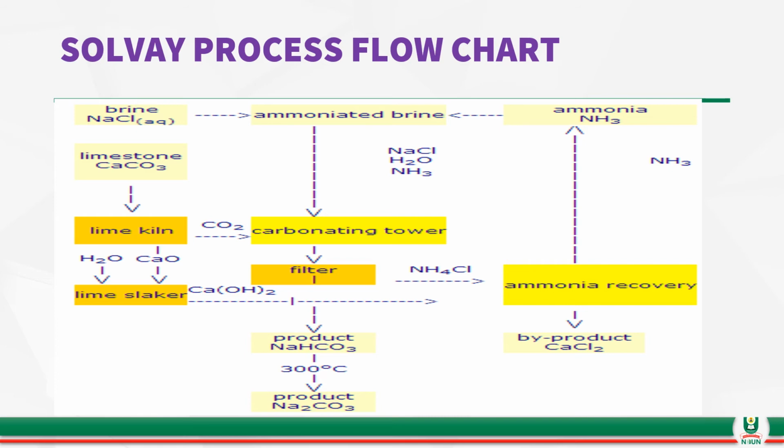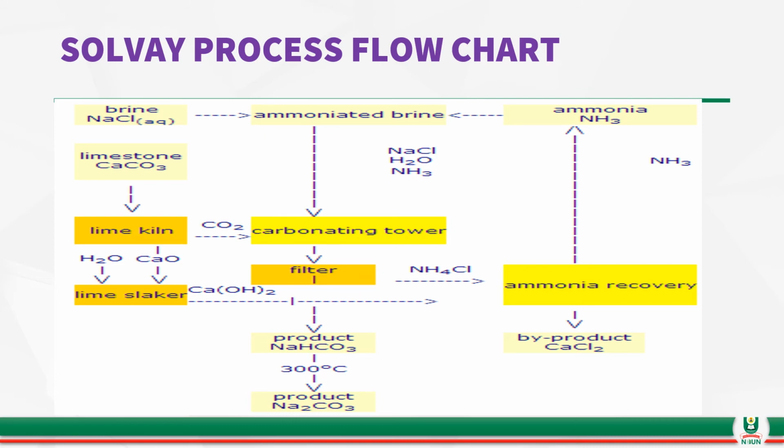It is gotten from limestone. When limestone is heated in the lime kiln, calcium oxide, which is quicklime, and carbon 4 oxide are produced. So the carbon 4 oxide from the thermal decomposition of limestone is now absorbed into the ammoniated brine.